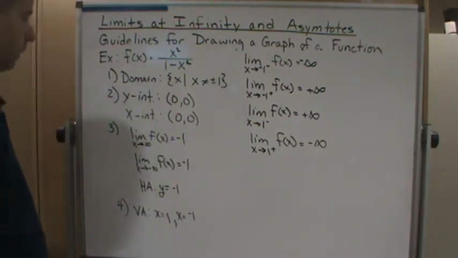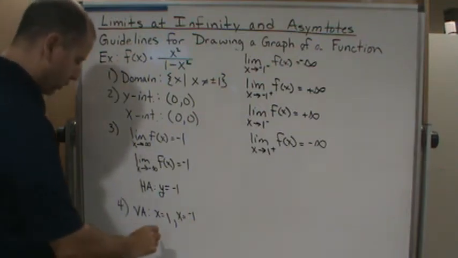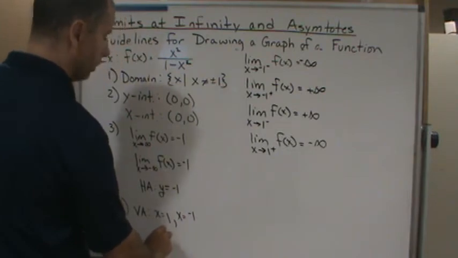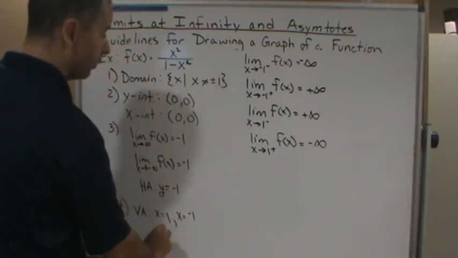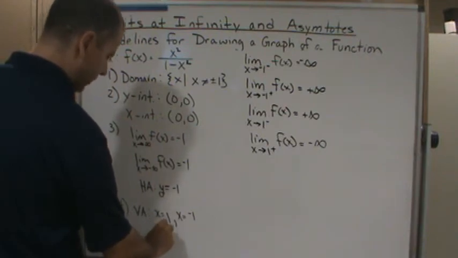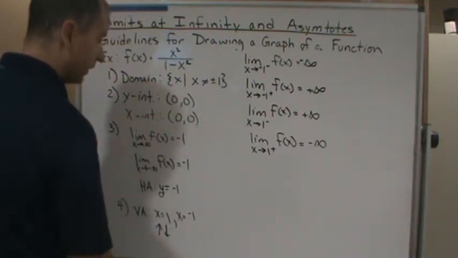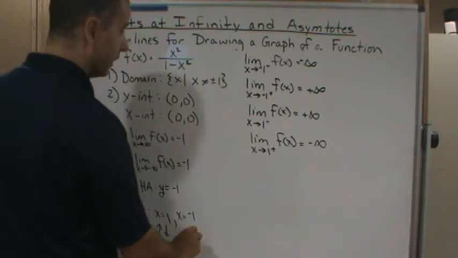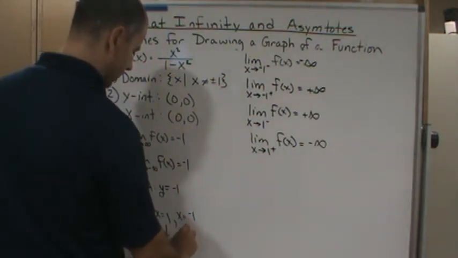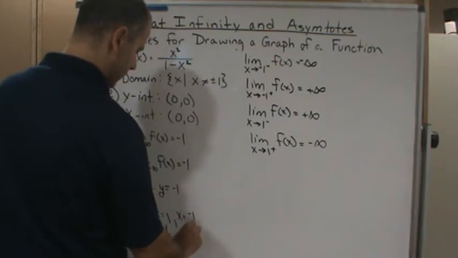Okay. So now I know at x equals 1, from the left, it's going to positive infinity. On the right, it's going to negative infinity. And at -1, on the left, it's going to negative infinity, and it's going to positive infinity on the right.